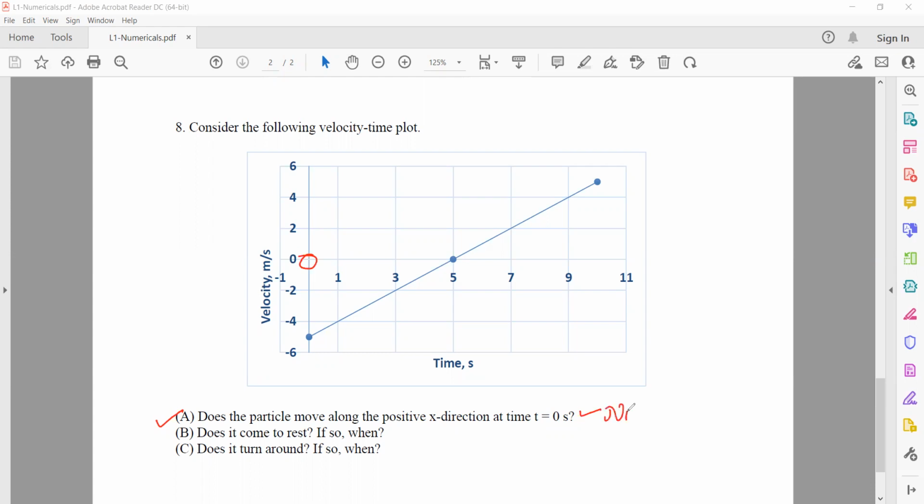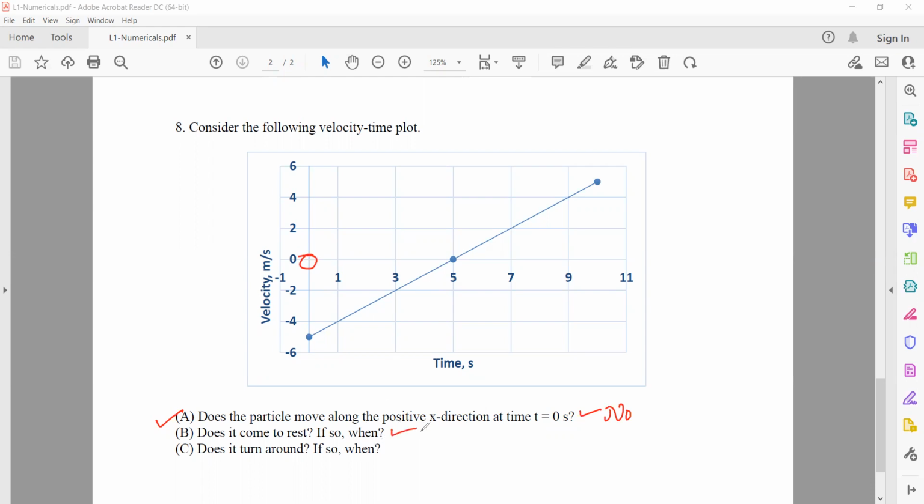This portion is negative, the velocity is negative, so it does not move in the positive x direction. It moves along the negative x direction because the velocity value is negative at time t equal to 0 second.